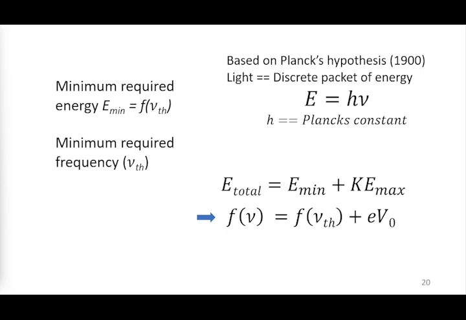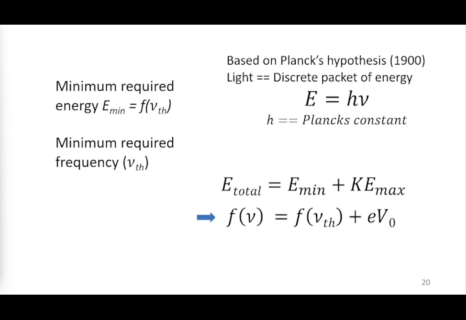Now by this time Max Planck had developed a hypothesis in 1900 based on the blackbody radiation spectrum, and then he concluded that light is a discrete packet of energy, and from there he formulated E equals h nu, where h is Planck's constant.